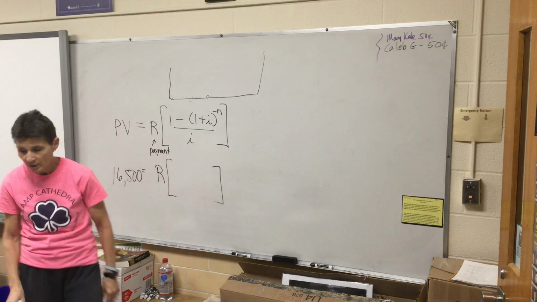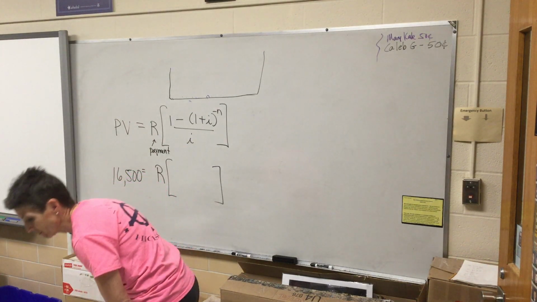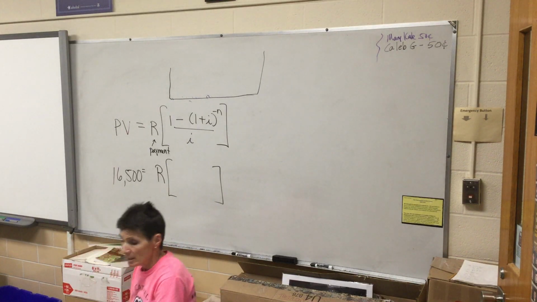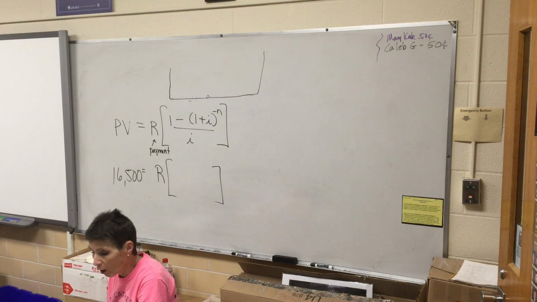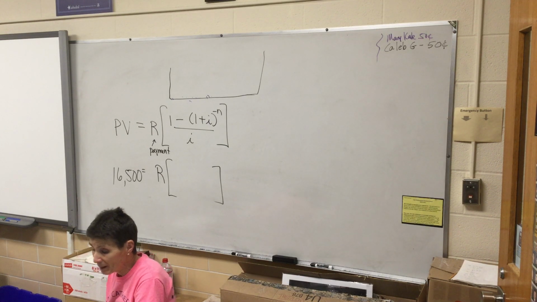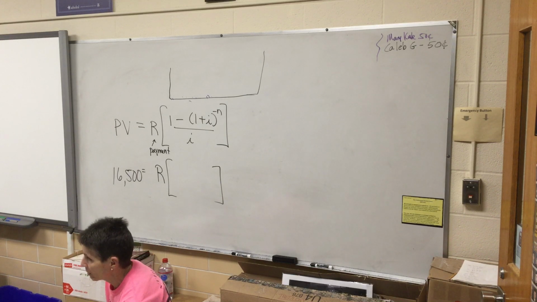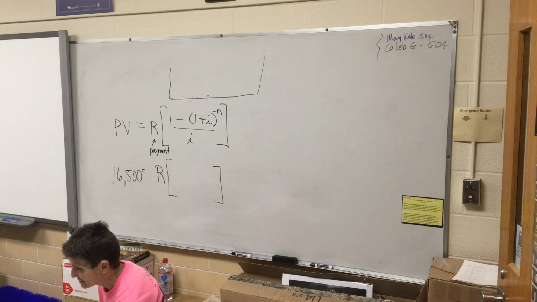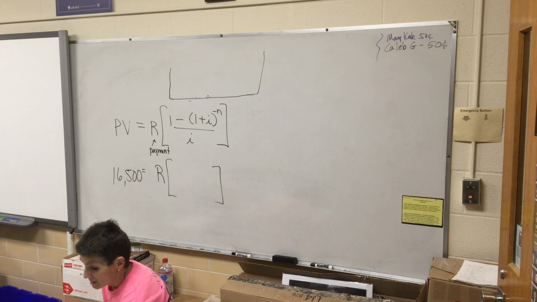When you go in to buy something big that you're going to have to borrow money on, you make a down payment. So if the truck cost 18,500, but he made a down payment of $2,000, then he really only had to borrow 16,500. Does that make sense to everybody? So 18,500 isn't what he borrowed. The present value of the loan is 16,500.